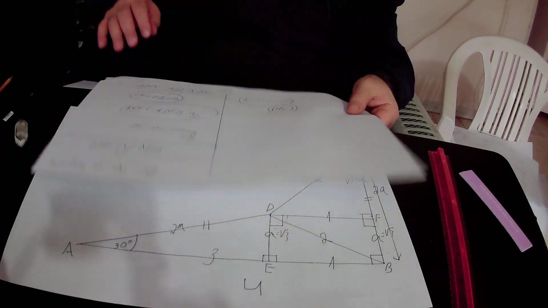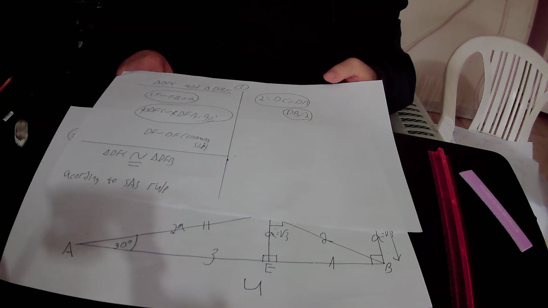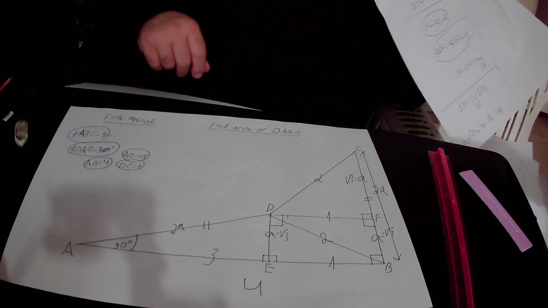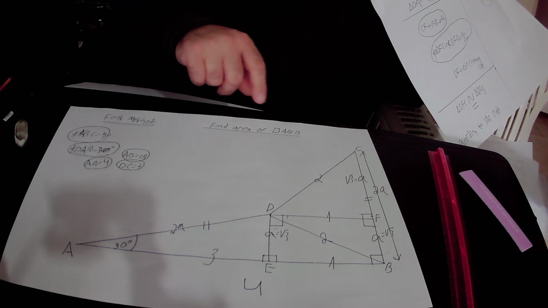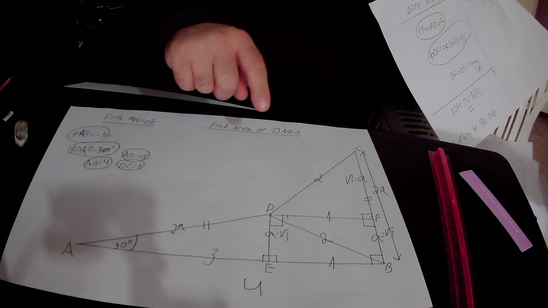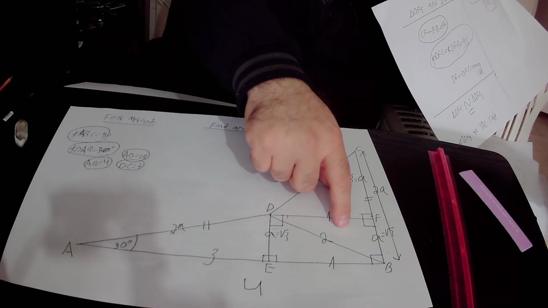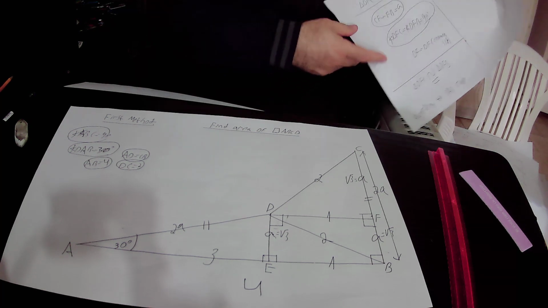Then we prove that triangle DFC is congruent to triangle DFB. Why are those two triangles congruent to each other?